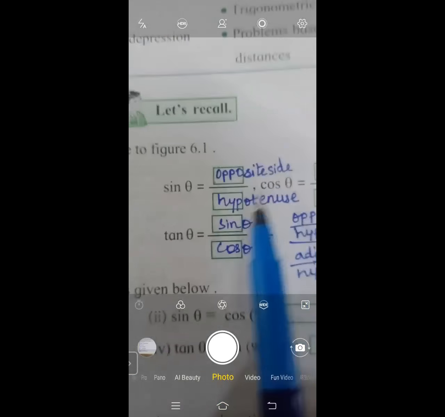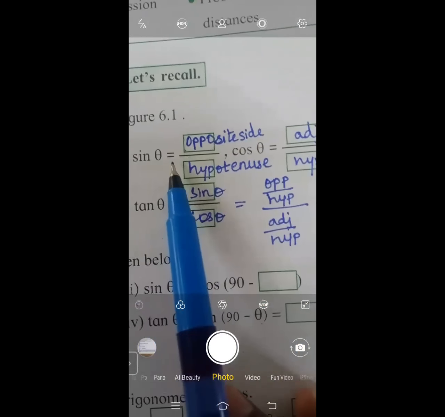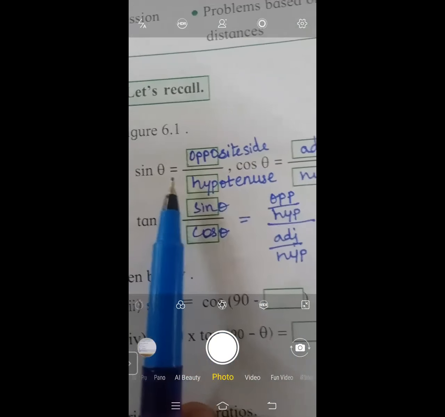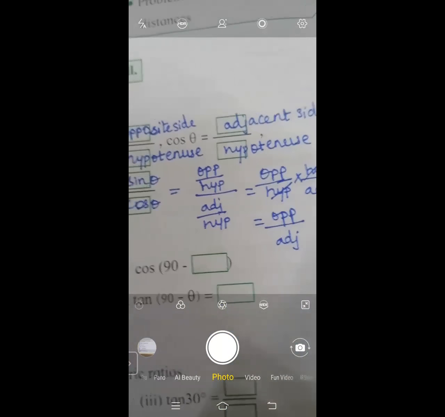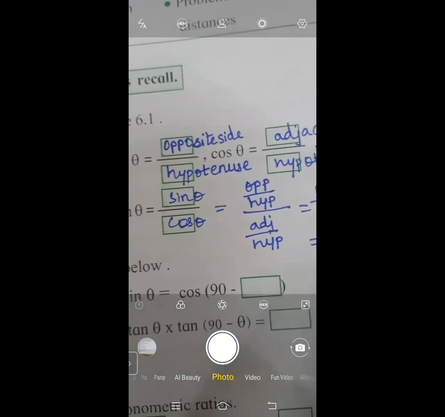So trigonometric ratios start with sine theta, which is equal to opposite side upon hypotenuse of the given right angle triangle. Cos theta is adjacent side upon hypotenuse. Tan theta is sine theta upon cos theta.